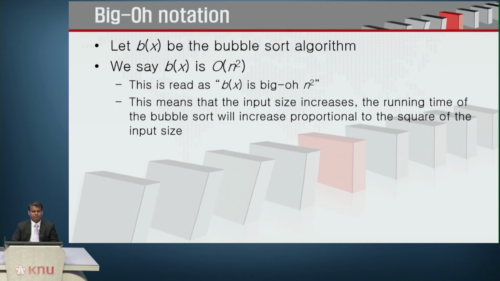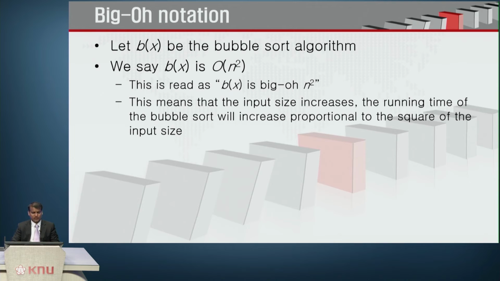This means that as the input size increases, the runtime of the bubble sort will increase proportionally to the square of the input size. Got it? So if the input size increases, the running time of the bubble sort will also increase proportionally.